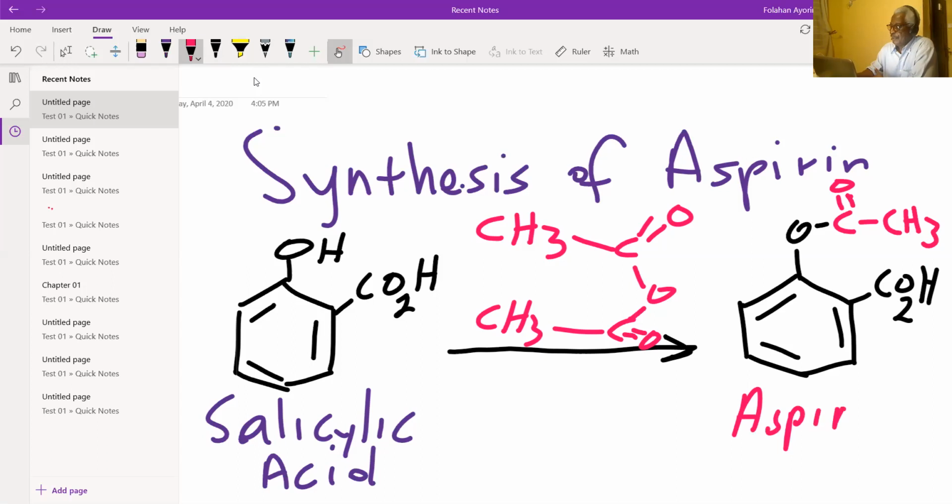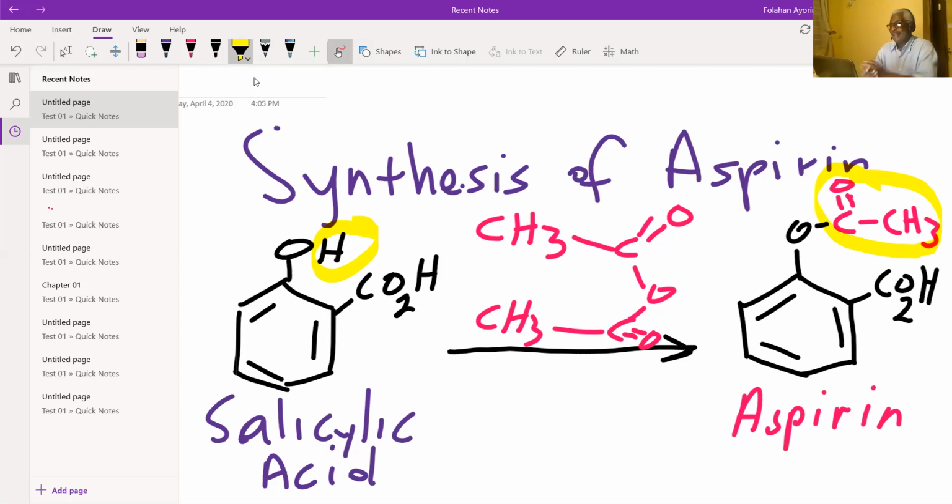Or if you want to give the chemical name, we say acetyl salicylic acid. So as you can see, what we did do, replace this hydrogen here with this acetyl group, and that process is referred to as acetylation.